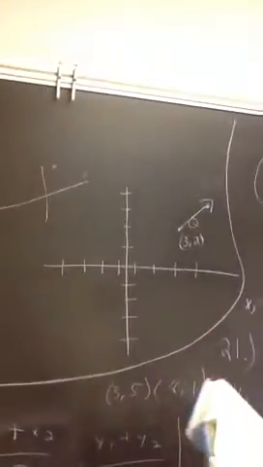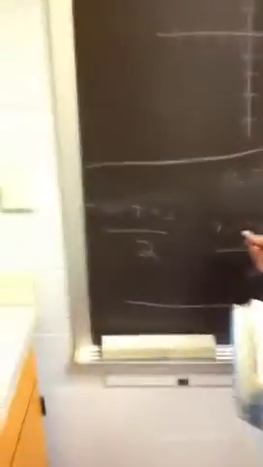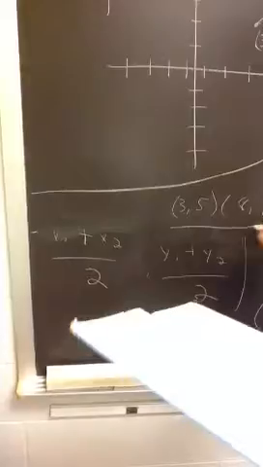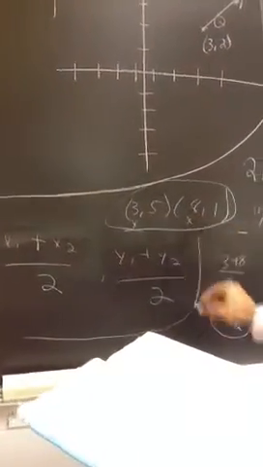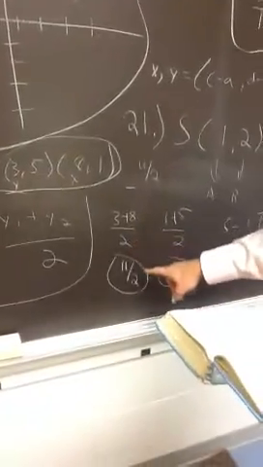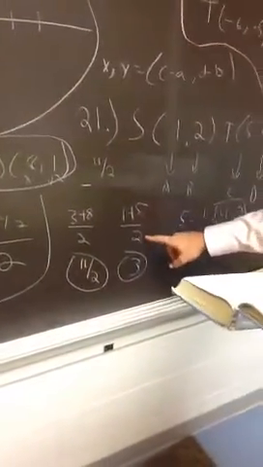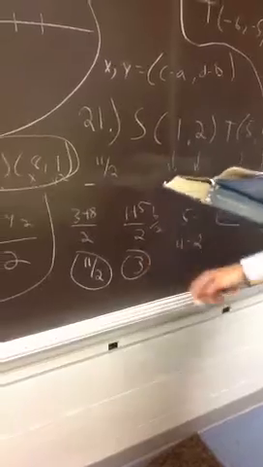So it is the midpoint formula, which is x1 plus x2 divided by 2 and y1 plus y2 divided by 2. If you plug in the coordinates, this is your x1 and your x2, so 3 plus 8 over 2 is 11 halves. And this is your y1, and this is your y2, so 5 plus 1 over 2, which is 6 divided by 2, gives you 3.